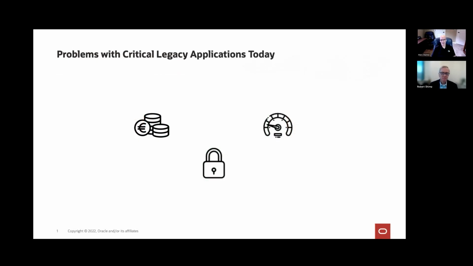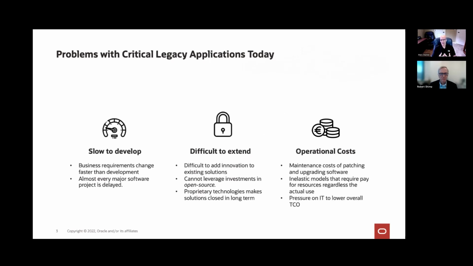Sure, Bob, and to be quite frank, there are quite a few of them. One of the things that legacy apps have significant problems with is inelastic hardware infrastructure. And when I talk about that, that means it's inelastic from provisioning, inelastic for scaling, it's disruptive. Models that mandate payment for resources regardless of what's used.